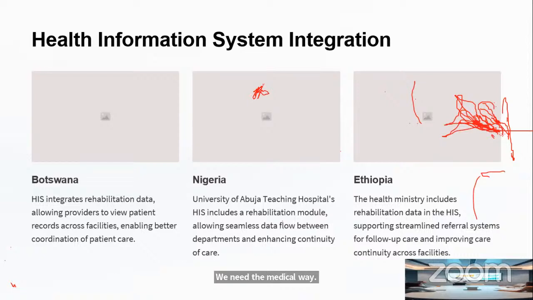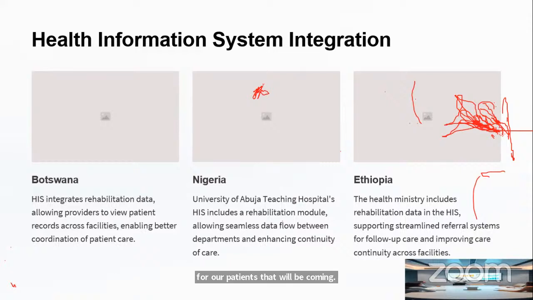For example, in this hospital, we are trying to have a physiotherapy folder for our patients that will be coming.